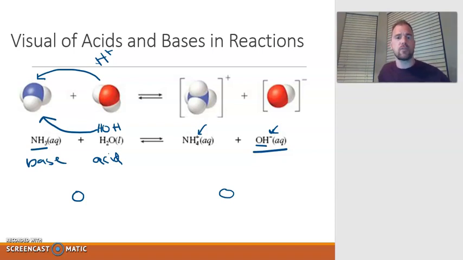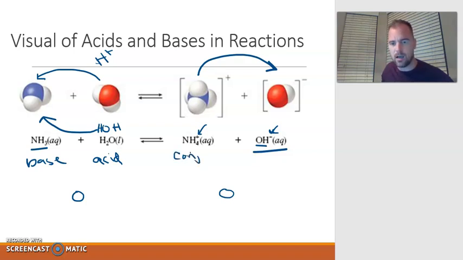Now, remember, this is a reversible reaction. And so, remember, the hydrogen was donated to NH3. It can give that hydrogen right back to where it came from. And it does, actually. It goes back and forth, back and forth. So this NH4+, donating the hydrogen right back to where it came from, is considered an acid, but we give it a special name. It's not just an acid.